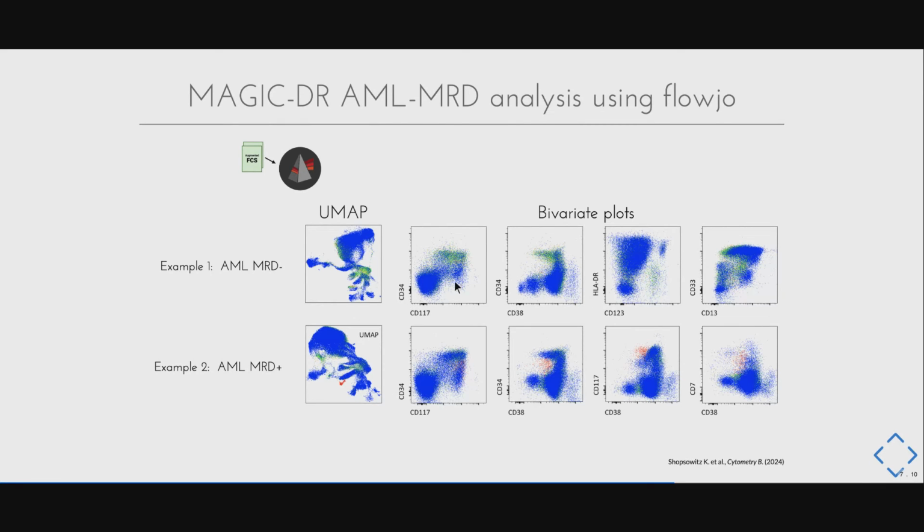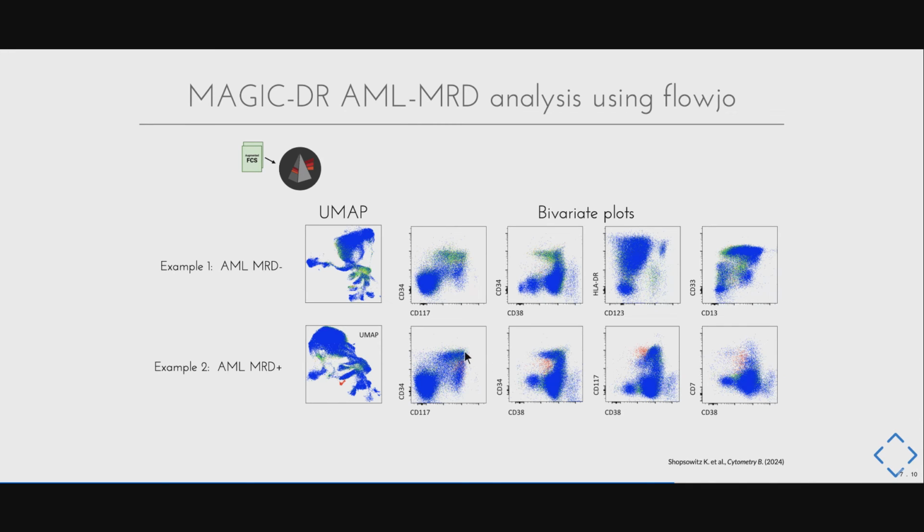We can also use the color axis function to display the probability score, providing a dual perspective for the analysis. In example 1, which is an MRD negative sample, the UMAP plots show no red dots. But in the positive samples, which are AML MRD positive, the UMAP plots show a distinct cluster of red dots, identifying cells likely to be the AML MRD cells.